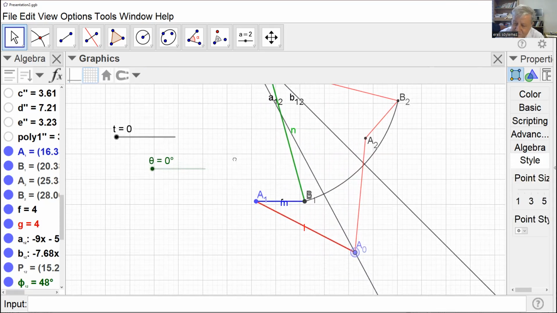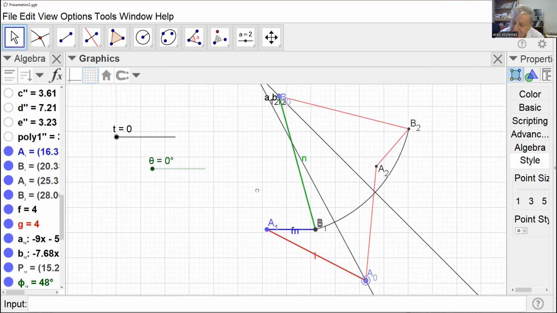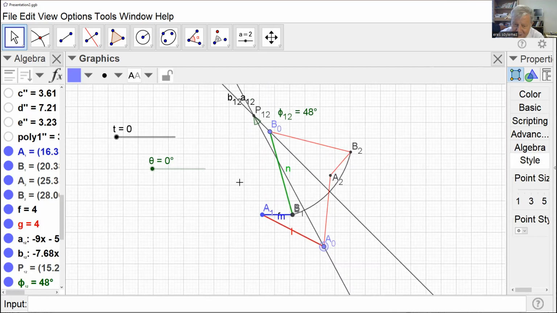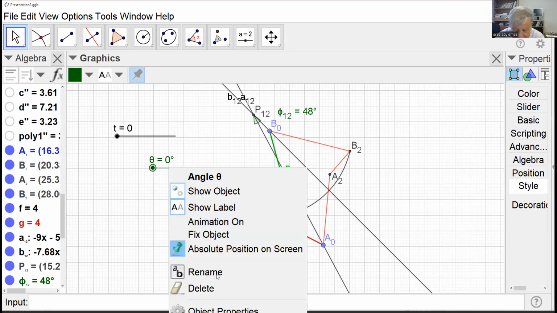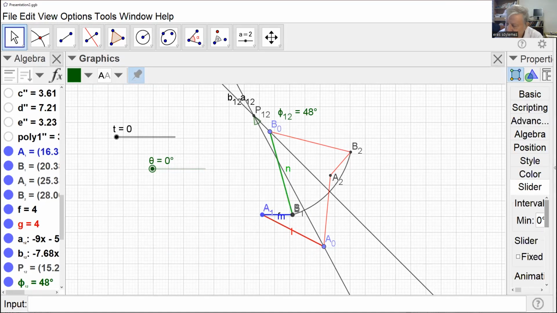Let me do it like this. You see, I can select it anywhere I like. Oh, it has to rotate. I have to change it. Again, object properties.